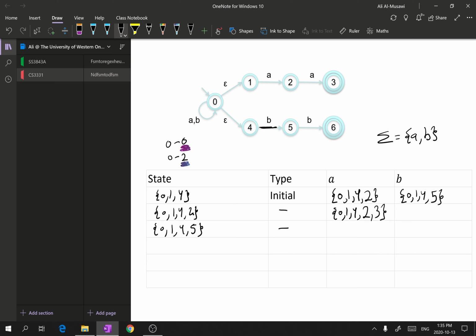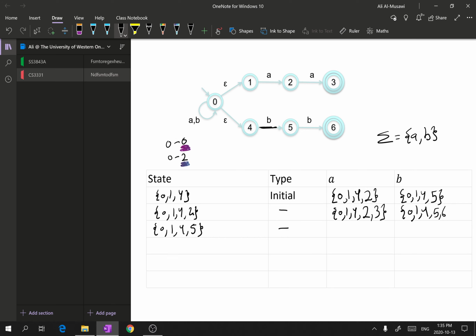All right, next on B. Now from 0, I can go to 0, union the epsilon closure of 0. And from 1, from 1, I can go nowhere on B, so I don't do anything. And from 4, I can go to 5 on B, so I have to include that. And from 5, I can go to 6.